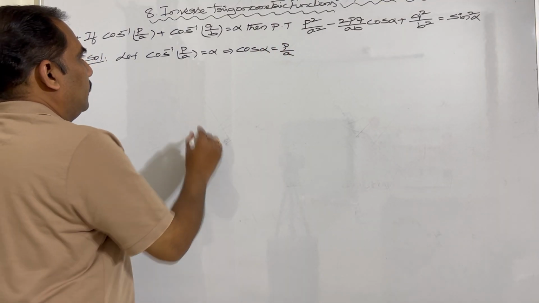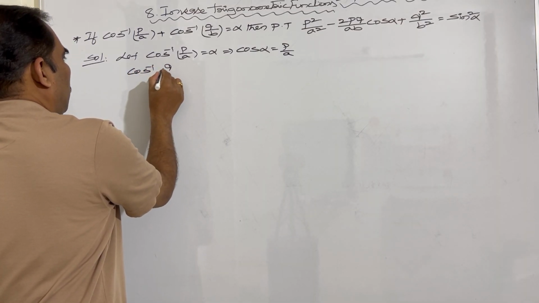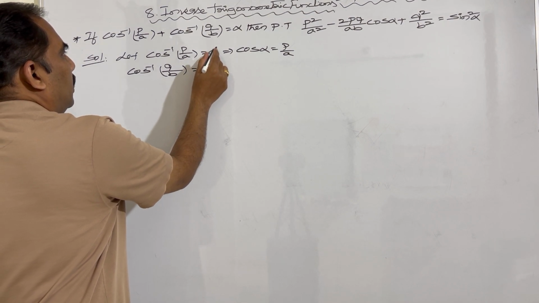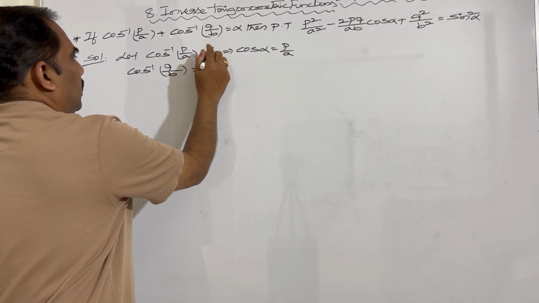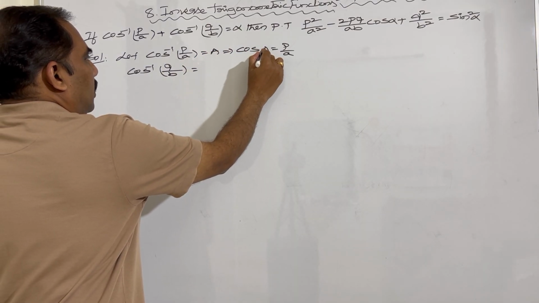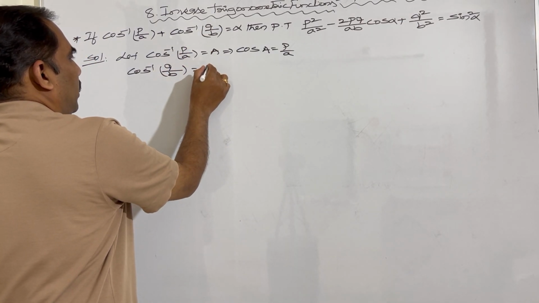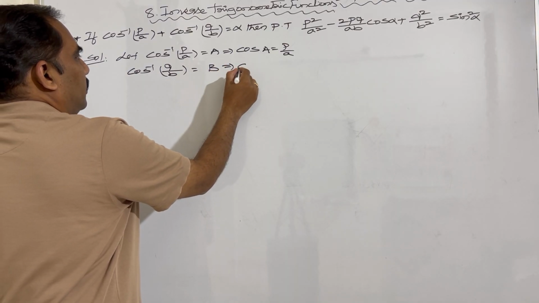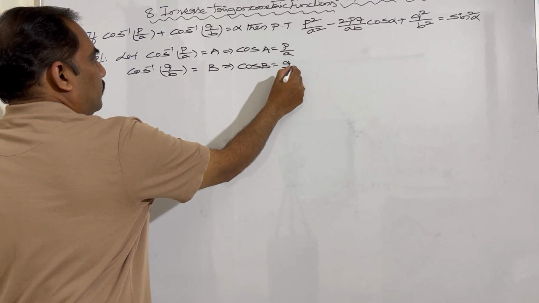Similarly, cos inverse of q by b: suppose alpha is there already, so take a capital B. Then cos B is equal to q by b.